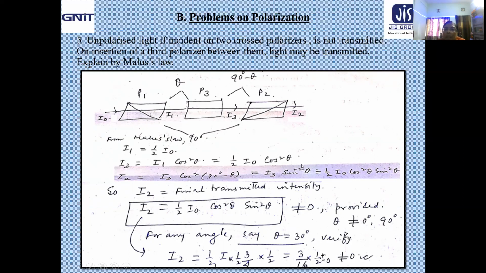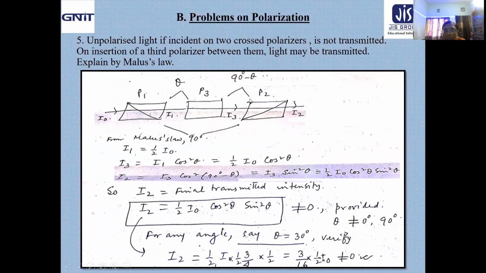Clear? Next, I2 you will get at the output by passing through the polarizer P2. The light falling on P3 is I1. It will come out as I3, whose value we already got. Now I3 will come out through P2 as I2.